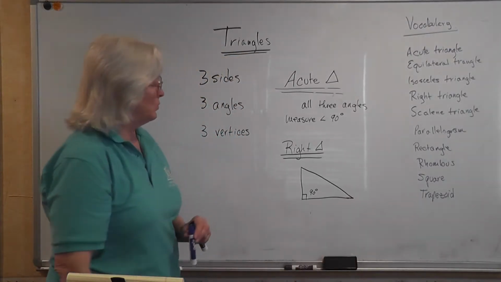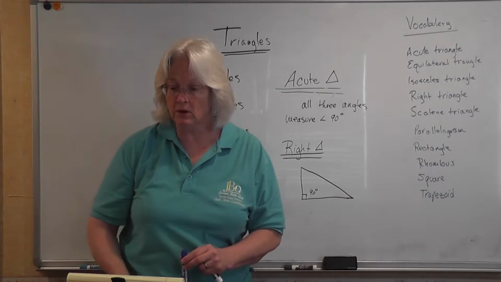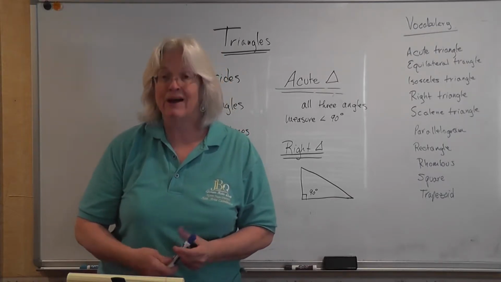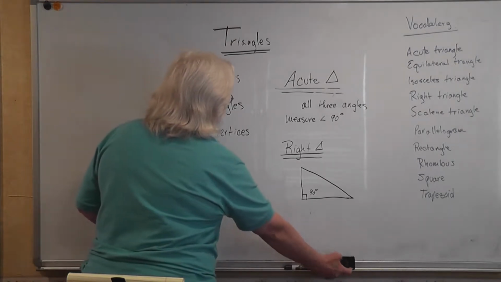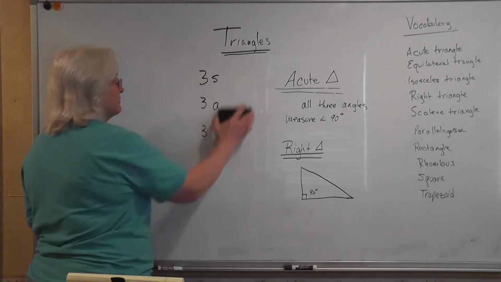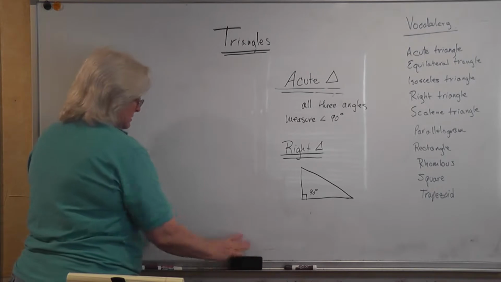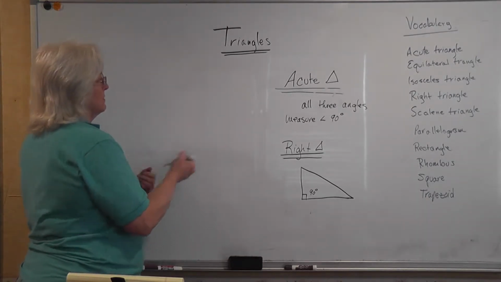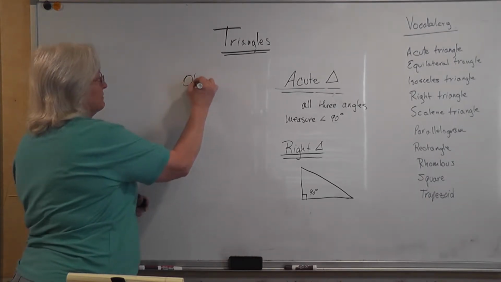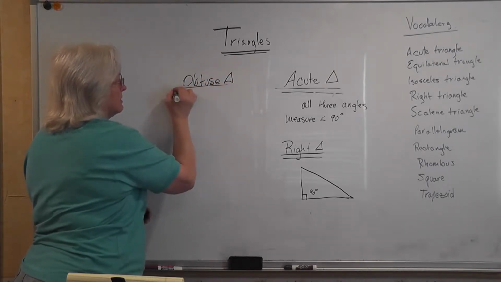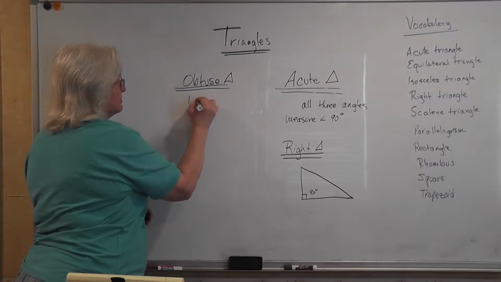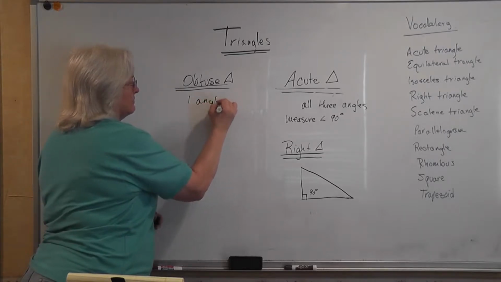Now the next one that we're going to talk about is an obtuse triangle. We know triangles have three sides, three angles, and three vertices. An obtuse triangle has one angle that is larger than 90 degrees.